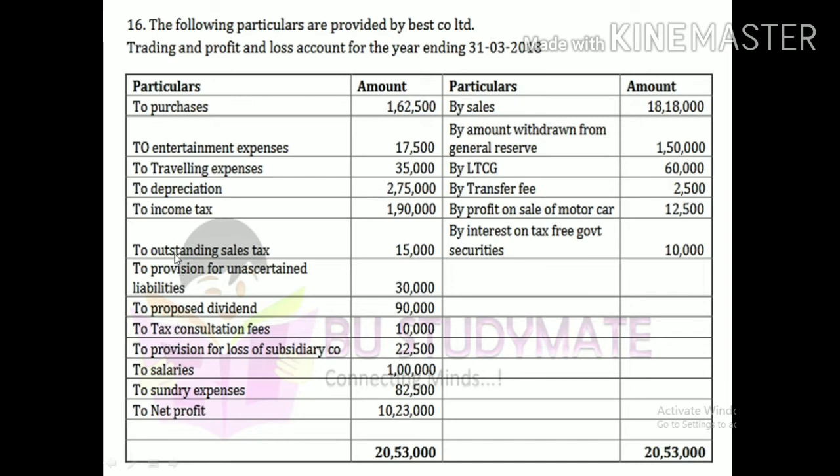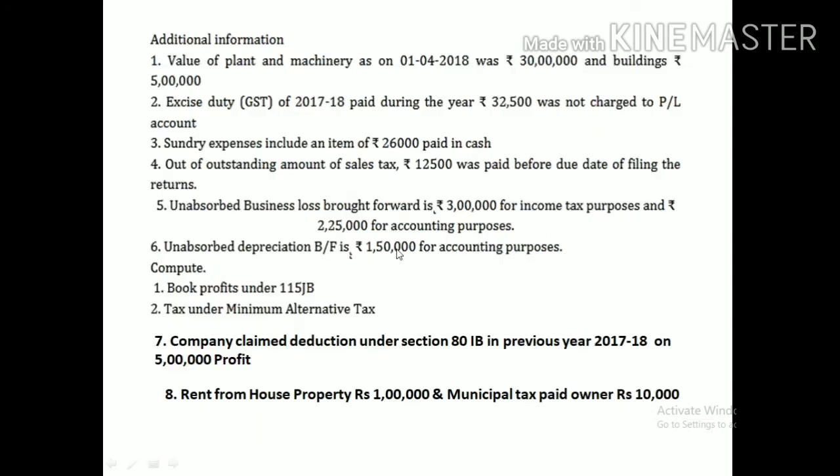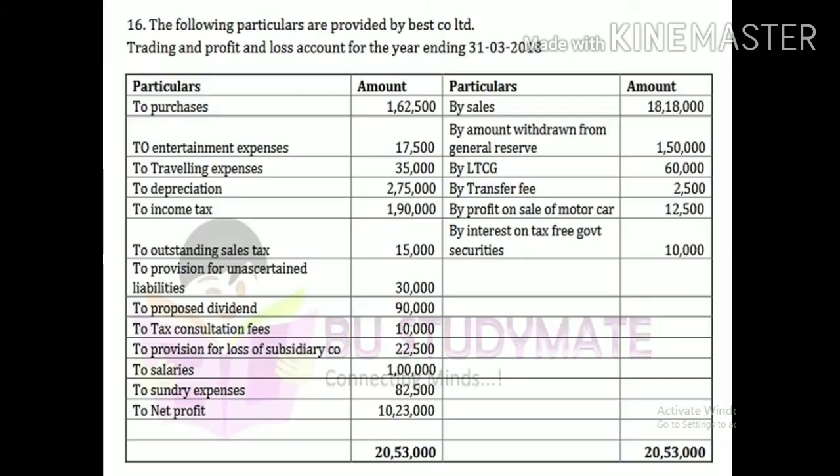So please observe here, we have outstanding sales tax of 15,000, and it should be added. In that 15,000, how much did they pay before filing the return? 12,500. So it is deductible, nothing but it should be deducted. It's an allowable expense. So here, outstanding sales tax should be added, 15,000.